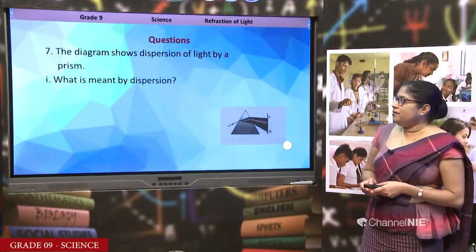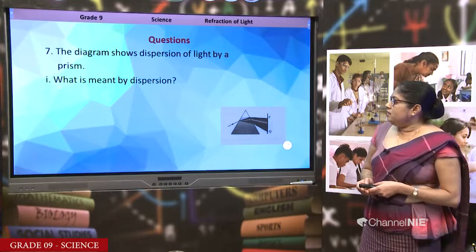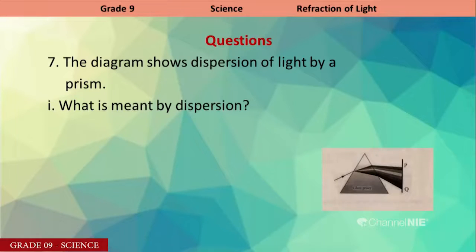Question number 7, a diagram of dispersion of light by a prism is given and you are asked to define what dispersion is.